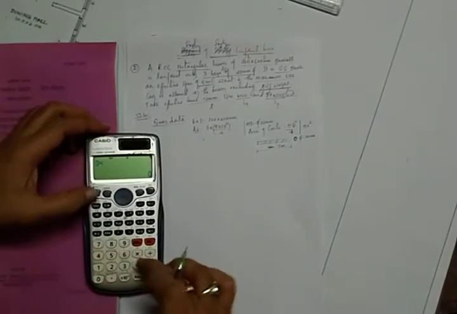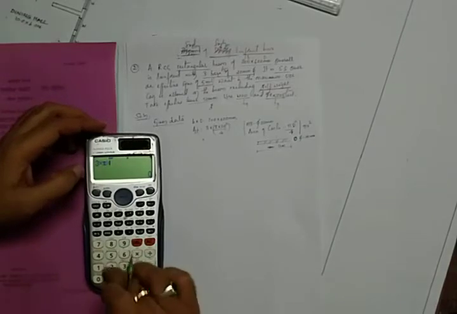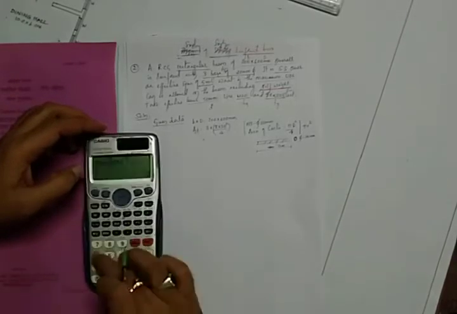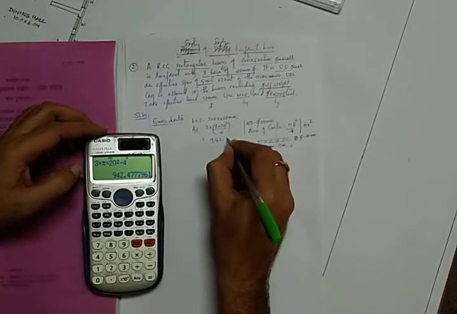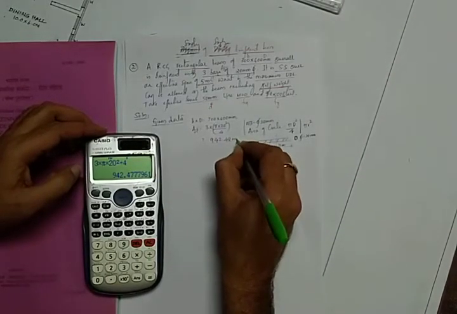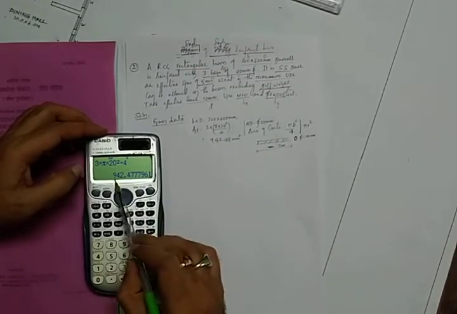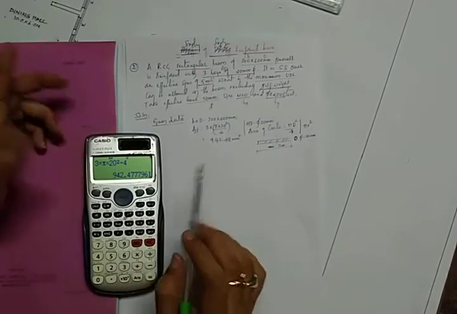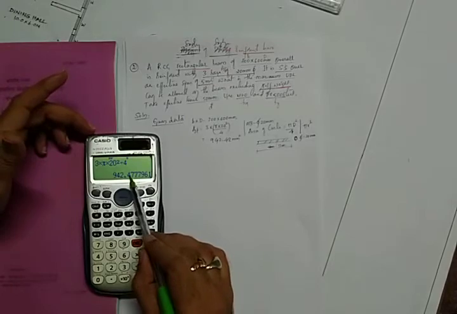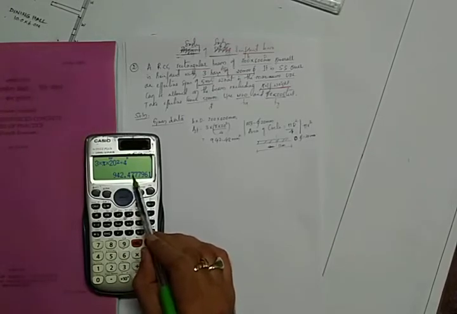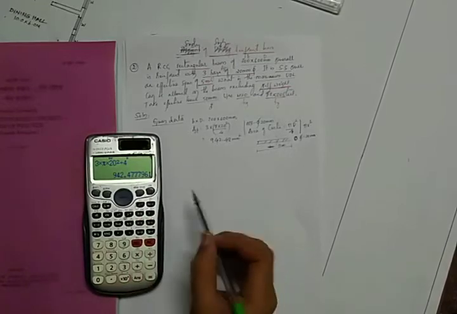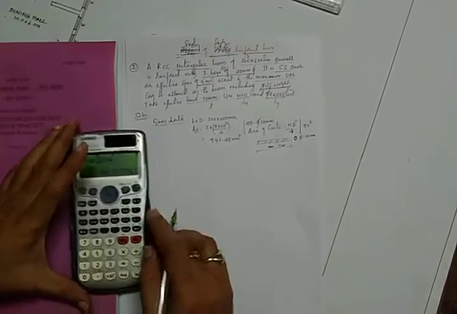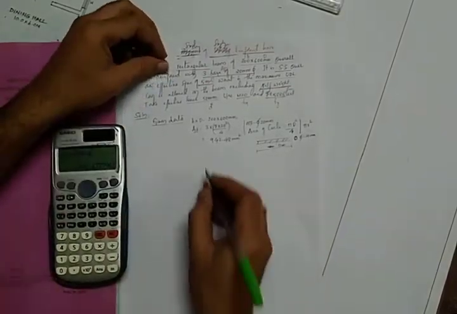So you can observe here 3 into pi into 20 square divided by 4, which is equal to 942.48 mm square. It is coming 942.4777 something. So I am rounding off here itself to 942.48, or otherwise you can write it as 942.50. It is also okay.